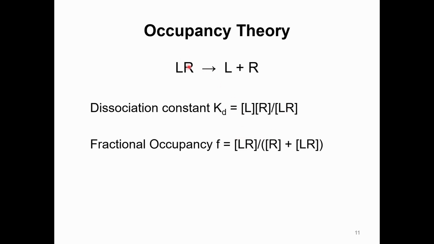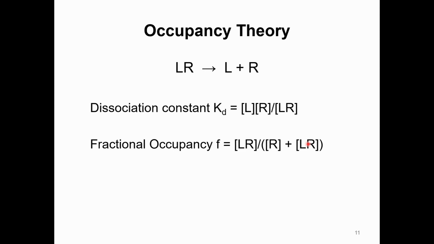It's the concentration of ligand-receptor complex divided by the concentration of free ligand plus the concentration of the ligand-receptor complex. So one way to look at the denominator of this is the following. Here is free receptor. Here is receptor bound to ligand. If you add those two numbers up, that's the total amount of receptors, right?